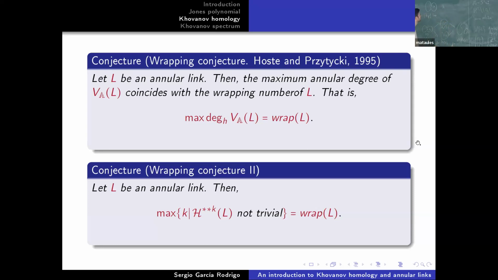So when you have a Jones polynomial, you will have something like h times q plus h^3 q squared, whatever. Okay, so you find the higher degree on h, it tells you that this degree right here should be the same as the wrapping number. Okay, and the same with the Khovanov homology.